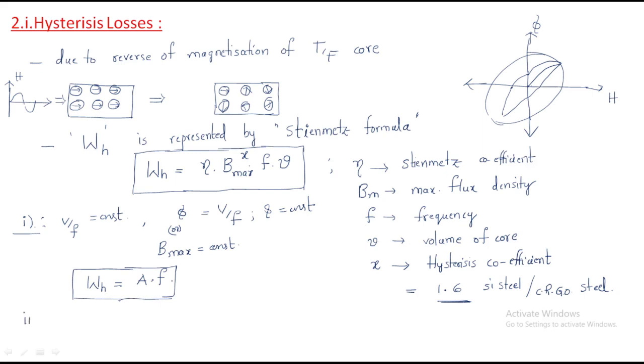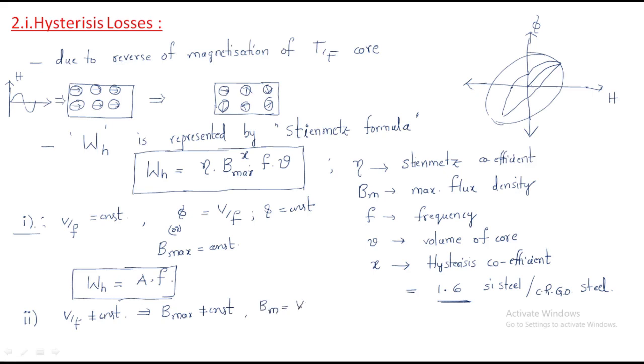And we have a second case. That second case is if V by F is not equal to constant, then automatically Bmax is not constant.